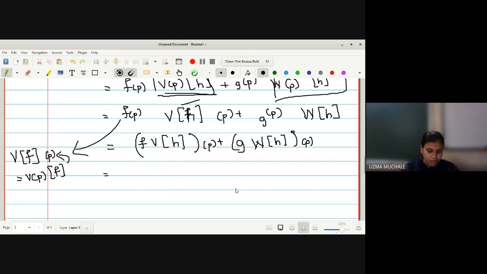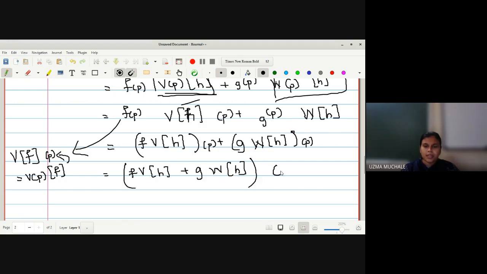Okay, so now again by taking P common, we get the result f vh plus g wh, that is the directional derivative of function h in the direction of vector field v, plus g times the directional derivative of function h in the direction of vector field w.